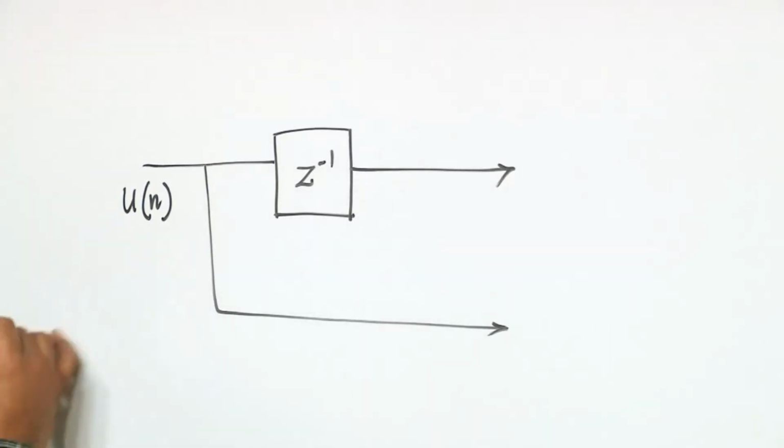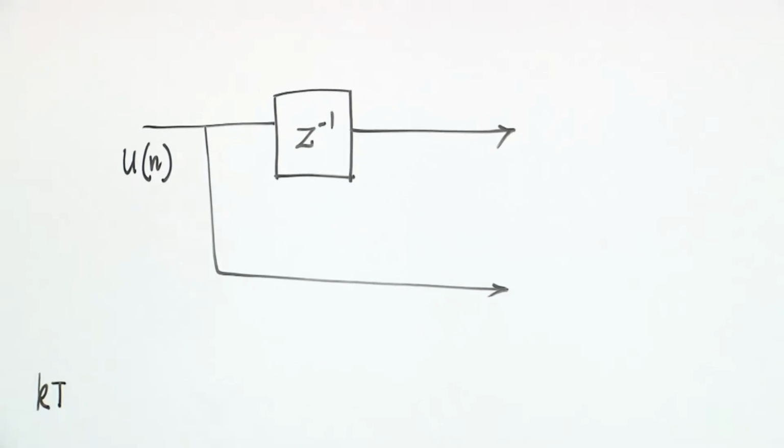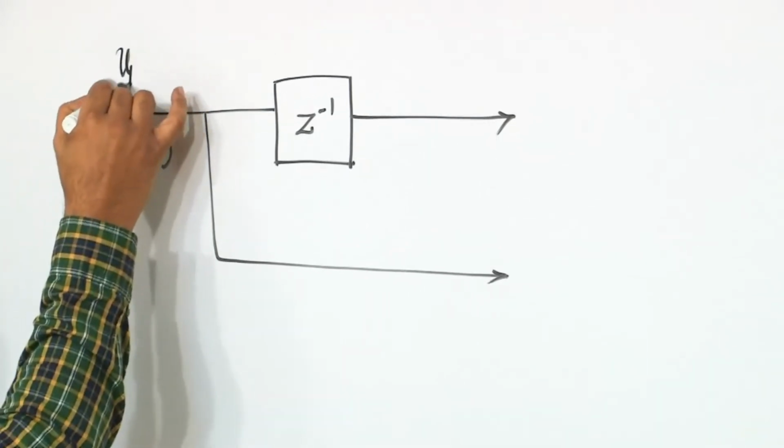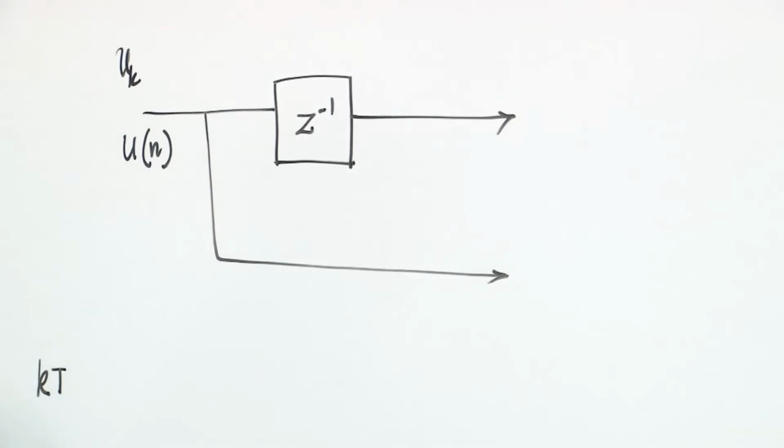So at a given instant of time k, kT, here it is u(k), which means u in brackets kT. I am going to represent this in a much more elegant fashion, much easier. At that instant in time it is u(k).